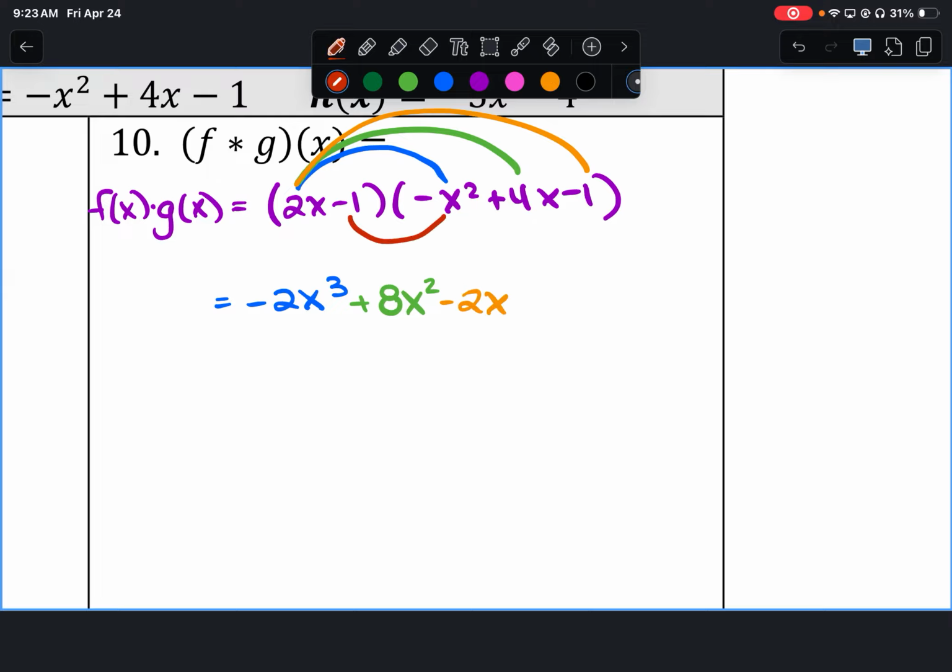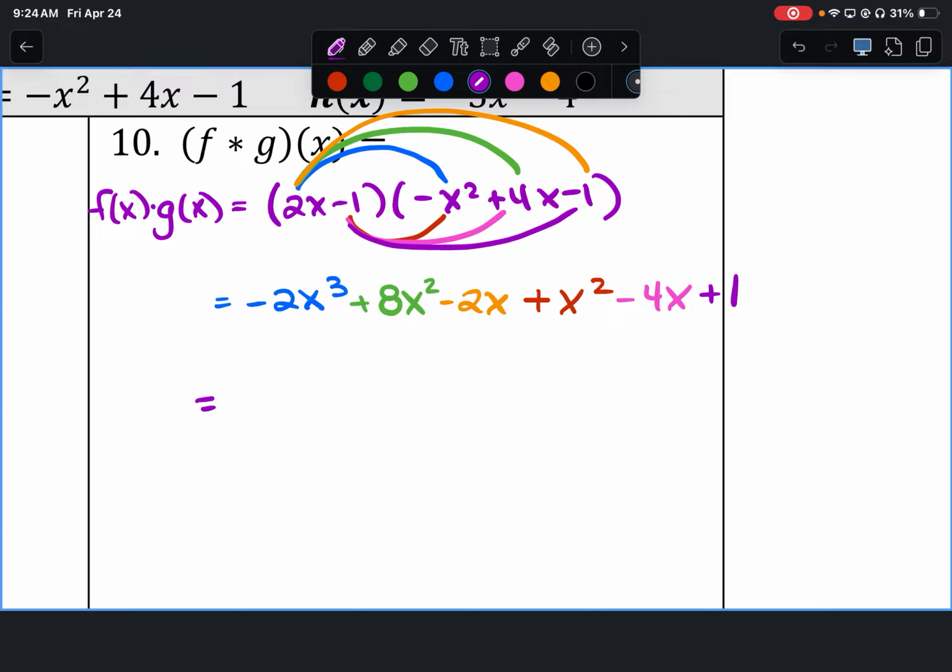Negative 2x. Negative 1 times negative x squared. Positive 1x squared or just positive x squared. Negative 1 times positive 4x. Negative 4x. Negative 1 times negative 1. Positive 1. Now we're good to write our answer.